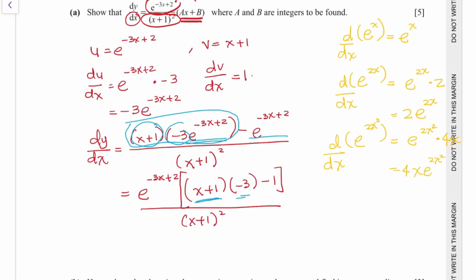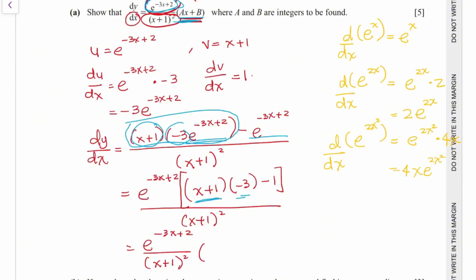Okay, I feel that I've got my numerator, right? Means that I just need to simplify to get into the integers of a and b, which is going to be e to the power of negative 3x plus 2 over x plus 1 square, right?